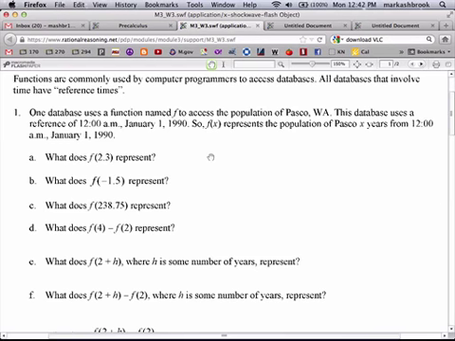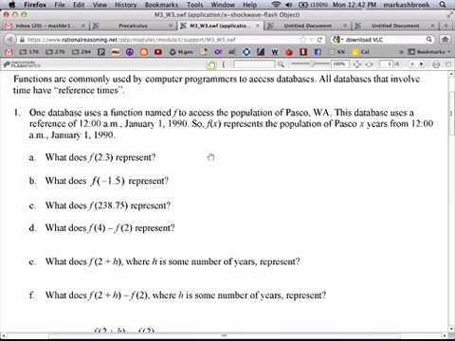F of negative 1.5. So that whole expression represents the population 1.5 years before the initial reference. He wants the population 1.5 years before January 1, 1990. So when would that be? June 1st, 1988.